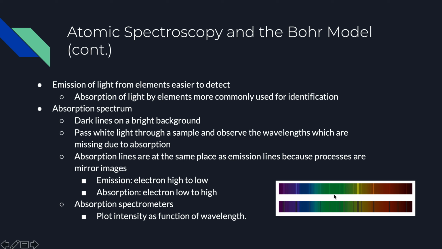This one is bright lines on a dark background, and this is dark lines on a bright background. While emission spectra move an electron from high to low, absorption spectra move an electron from low to high, since it's absorbing energy rather than emitting it. This is measured using an absorption spectrometer, which plots intensity as a function of wavelength.